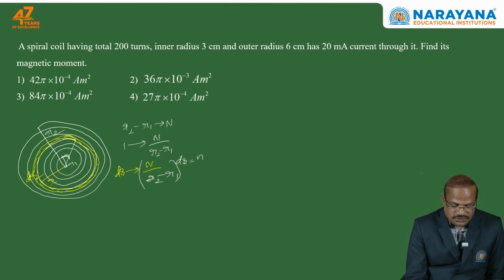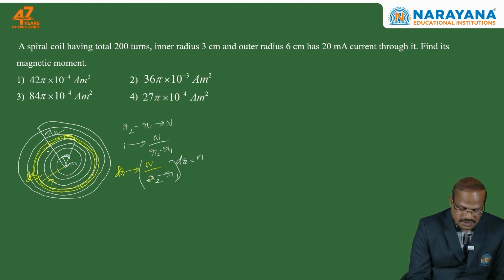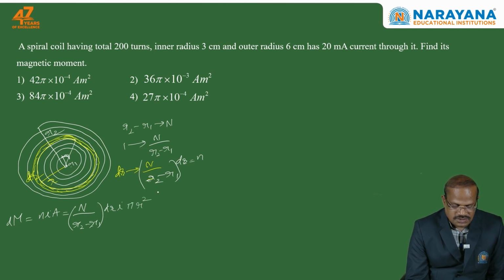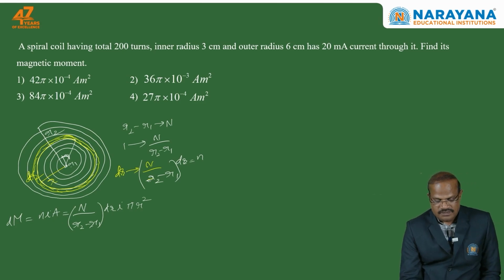Then what is the magnetic moment of this circular coil? dm, a small amount of magnetic moment, equals n I A. n is capital N by R2 minus R1 into dr, the number of turns, into current, into area pi r square, the area bounded by that coil.